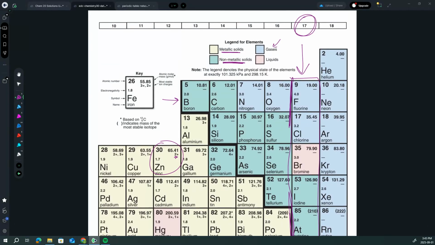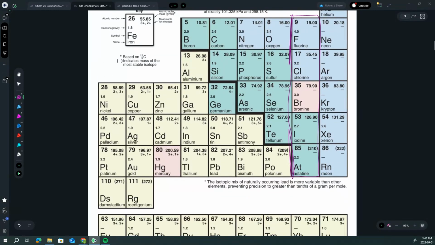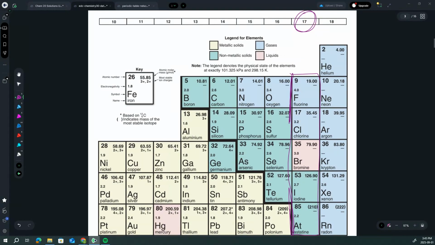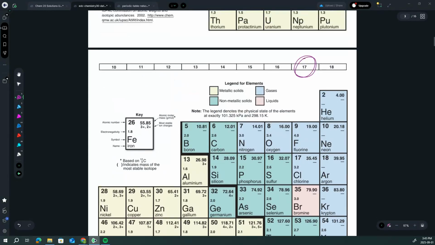Gas is going to be colored blue, and then liquids are going to be that pink shade. The only metal that is going to be a liquid is mercury right here. And for nonmetals, the only liquid at room temperature is going to be bromine.